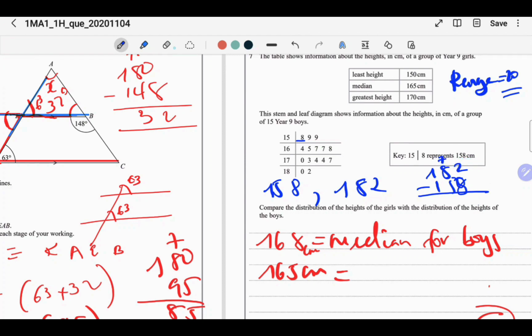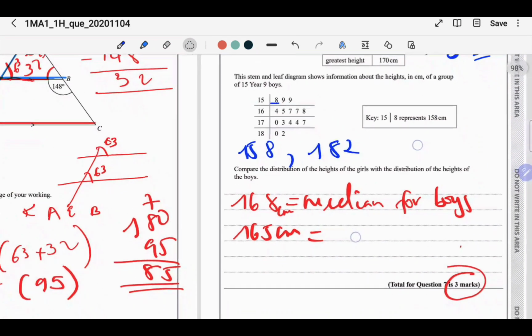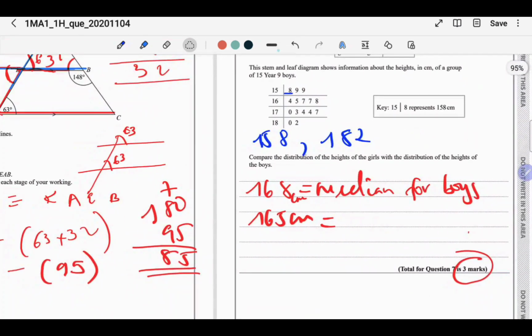Wait, why am I writing in this small space? One second. Okay, so let's keep going. We had to do 182 minus 158. Just going to borrow 1 quickly here. That makes 4, 7 left over, 2, so it's 24.